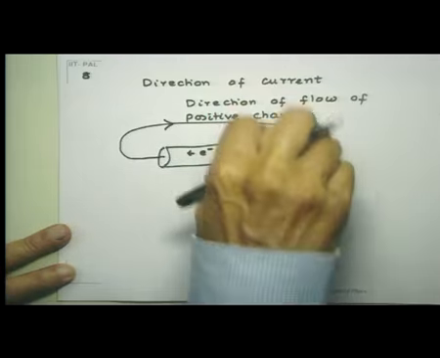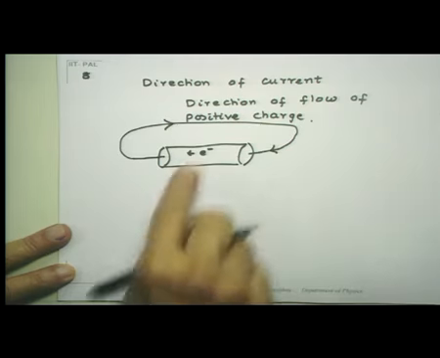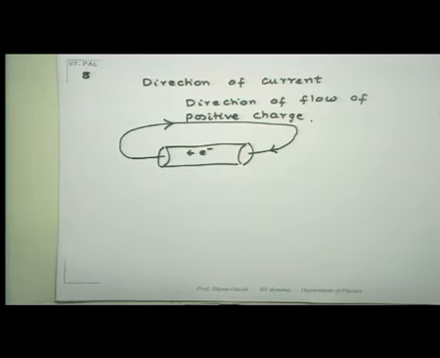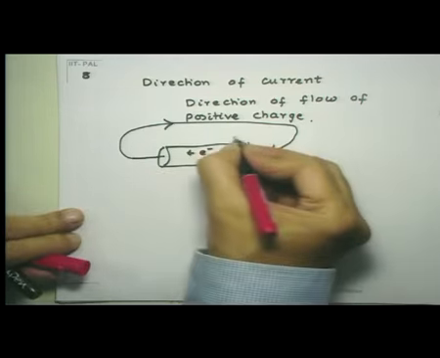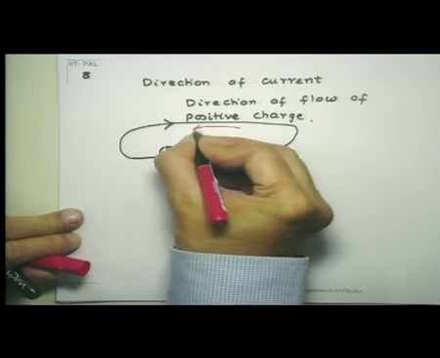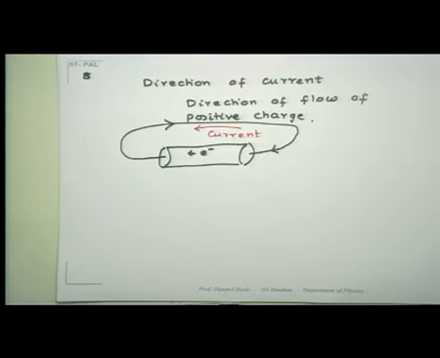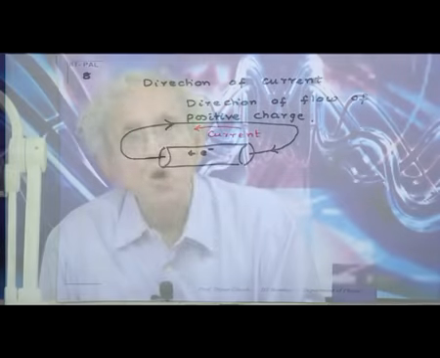So according to this definition, this is a situation where the direction of current is the reverse direction. So let me say that that is the direction in which the current is flowing. So in other words, the direction of current is defined according to a convention as the direction opposite to the direction in which the negative charges flow, that is the direction in which the positive charges flow.